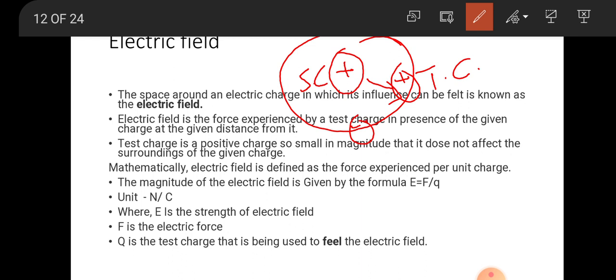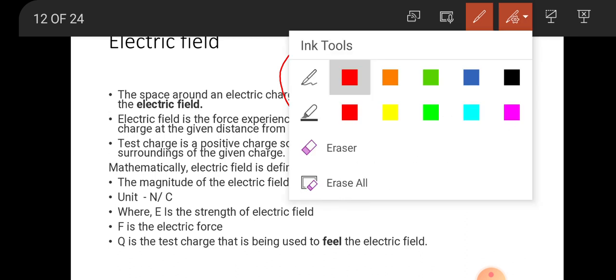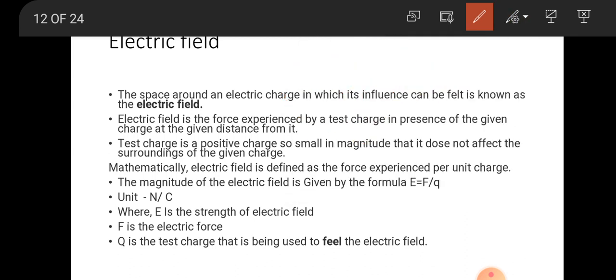Okay, and the force is in the inward direction. So this you have to keep in mind, and that's why conventionally it is considered that the test charge should be positive, and that is too small in magnitude that it does not affect the surrounding of the source charge.